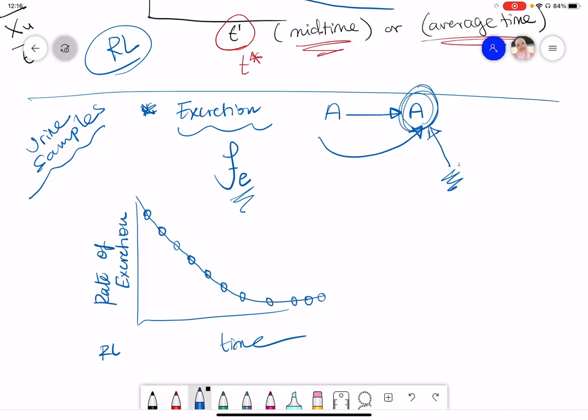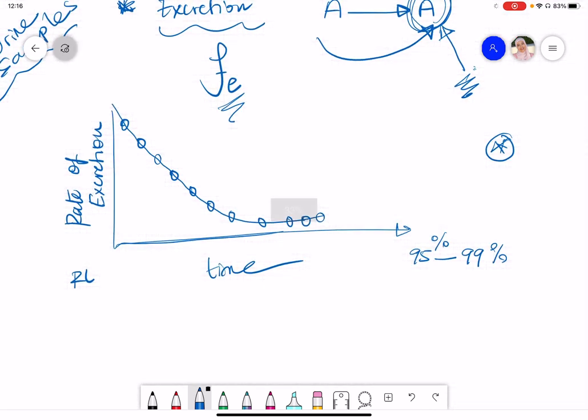We need these samples to be collected until almost the entire drug is excreted, and we will keep this point for a couple of seconds until I show you the table of the excretion or elimination percentage. But usually in practice, we need 95 to 99% of the drug to be excreted in the urine, which is similar to the elimination of the drug.